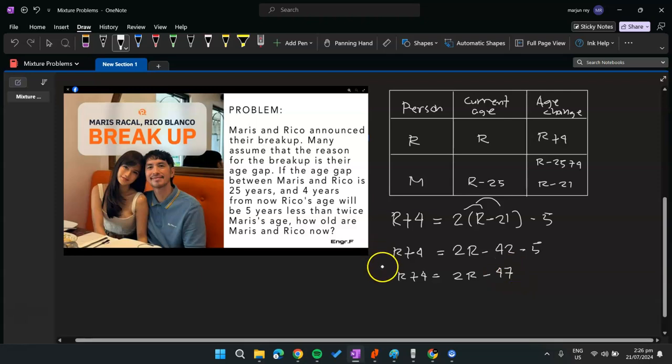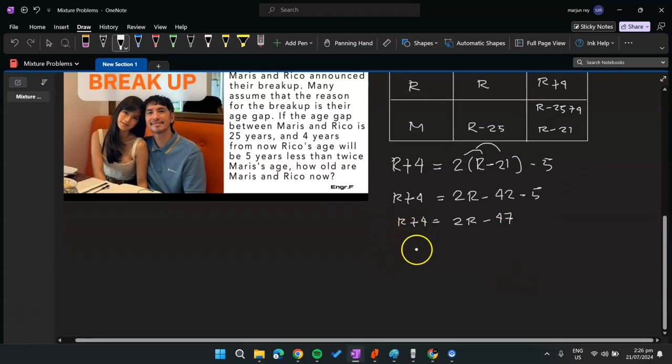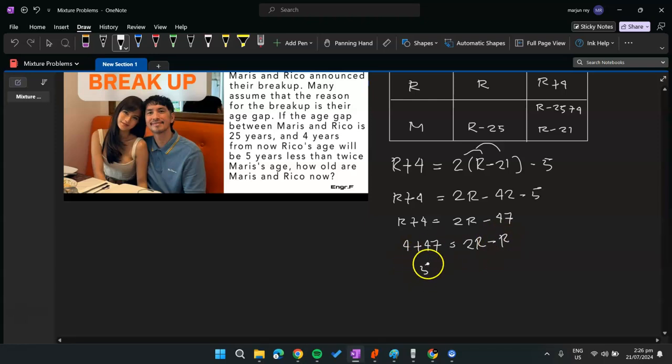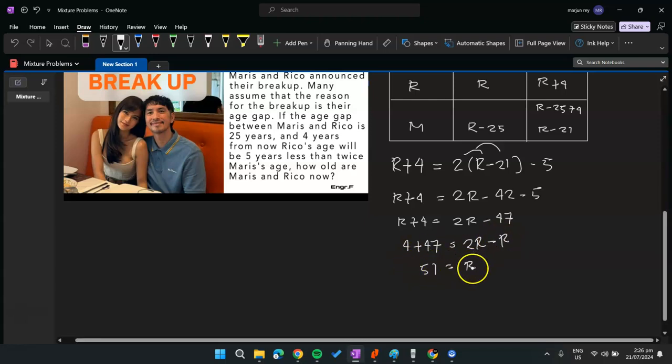And then we're just going to combine like terms. We will get 4 plus 47 equals 2R minus R. This is 51 equals R. Meaning to say, currently, yung edad ni Rico is 51. What about yung edad ni Maris for now?